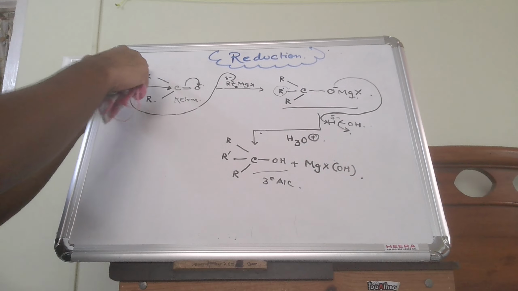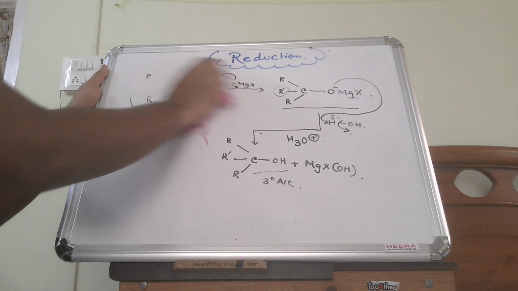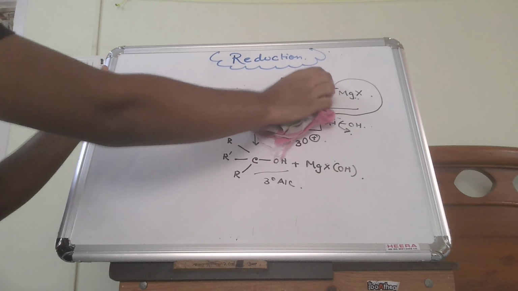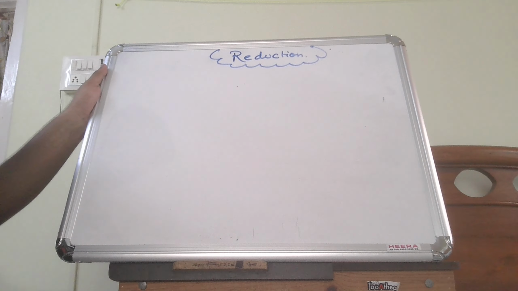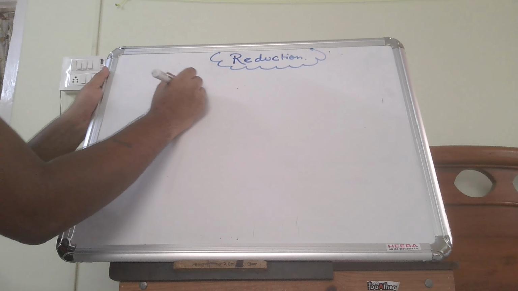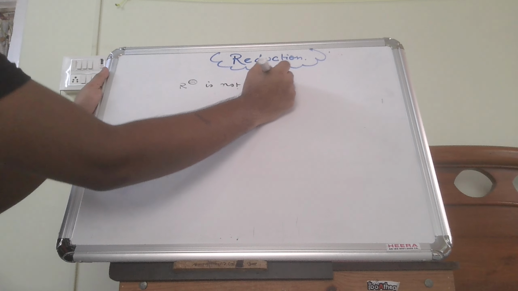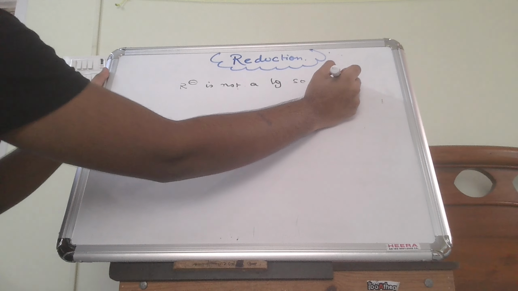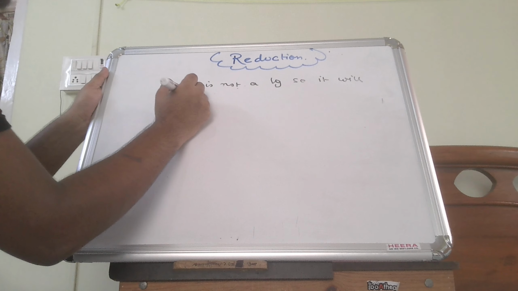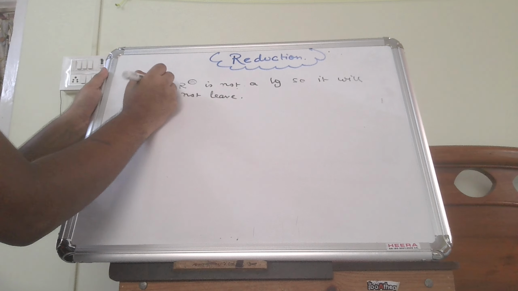Now here there are R's, right? We are taking R. We all know that R minus is not a leaving group, so it will not leave. Now what is the meaning of this sentence?